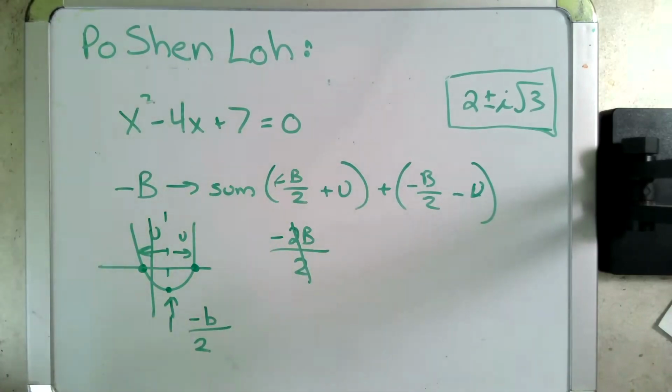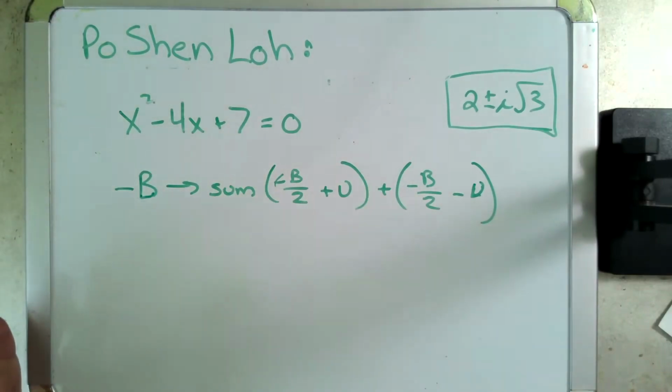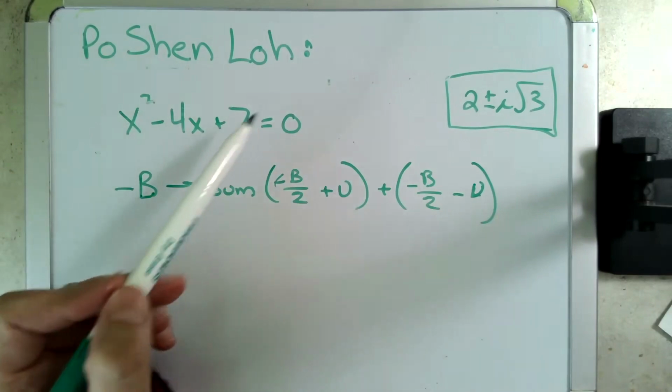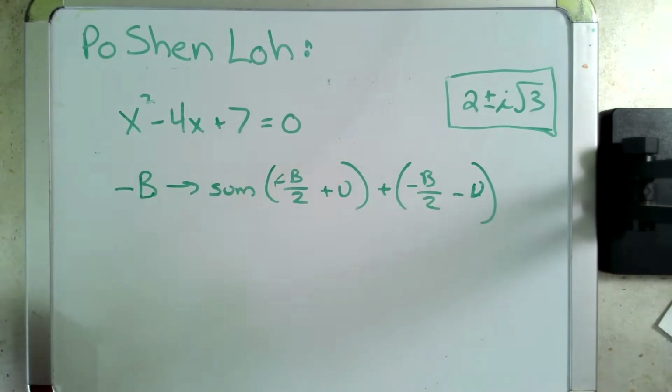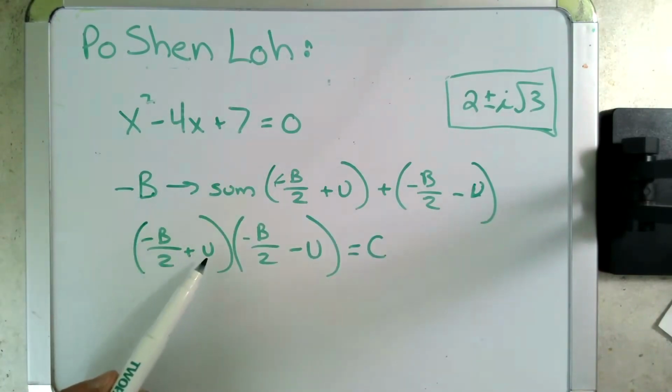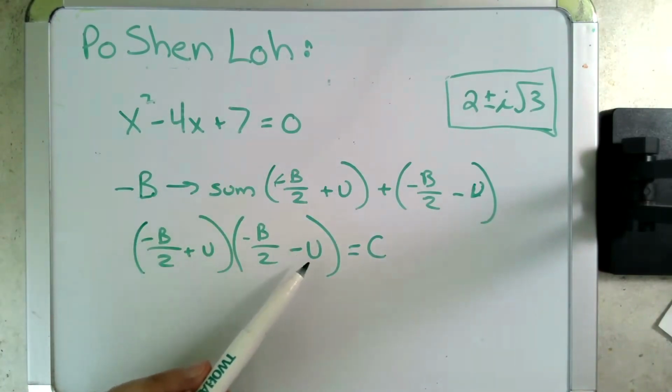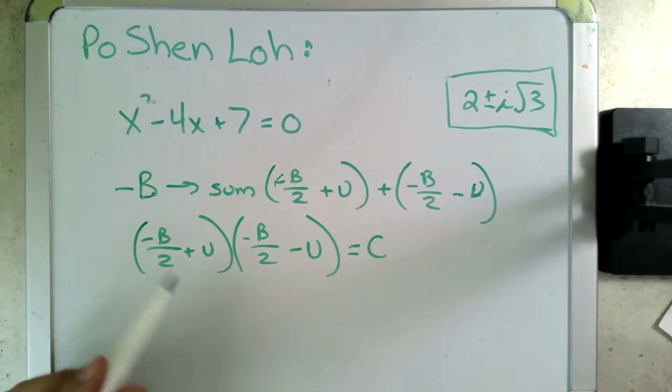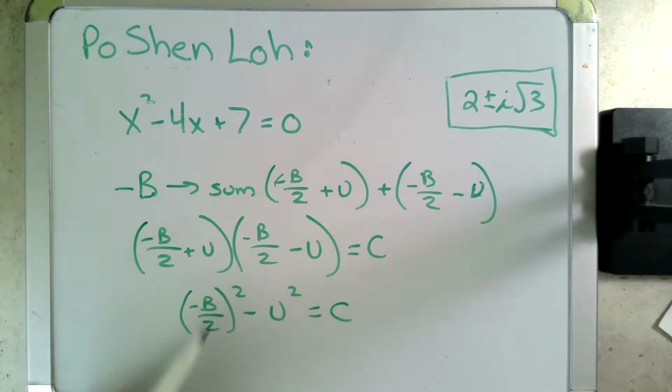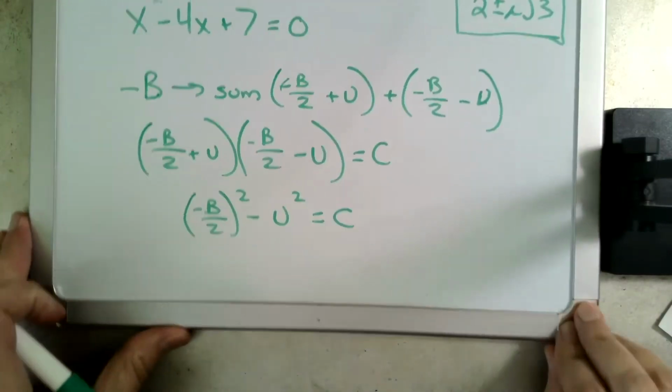Now, the second concept is the one we've been working with all along, which says that they add up to b, but they multiply to c. Negative b over 2 plus u times negative b over 2 minus u, that's the setup for a difference of squares. So I can simplify that as negative b over 2 squared minus u squared equals c.